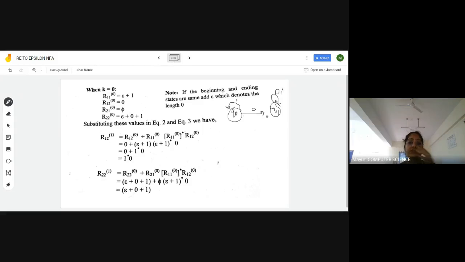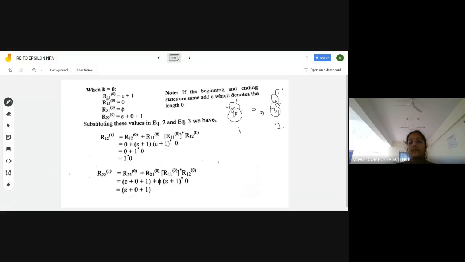How do you write bases? This is my state number 1. This is my state number 2. What are all the 4 possible combinations that will come in bases? 1,1; 1,2; 2,1; 2,2. Just make it zeros, all zeros. You can travel from 1 to 1, or you can travel from 1 to 2. 2 to 2 you can travel, or 2 to 1 you can travel. I think all these things will come. Basis means k value is 0. Keep that R_ij^0 common.